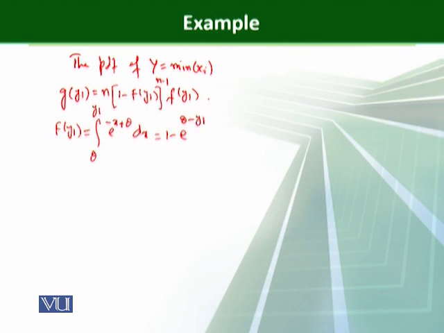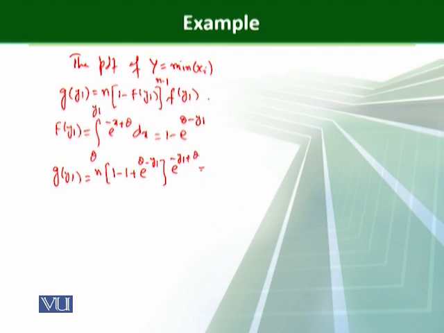Now we can put this result into the distribution of the minimum statistic, g of y1, which is n times (1 minus 1 plus e raised to power theta minus y1) times e raised to power minus y1 plus theta.